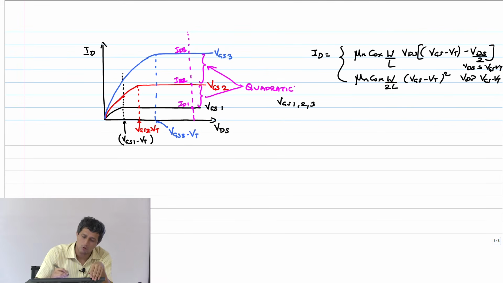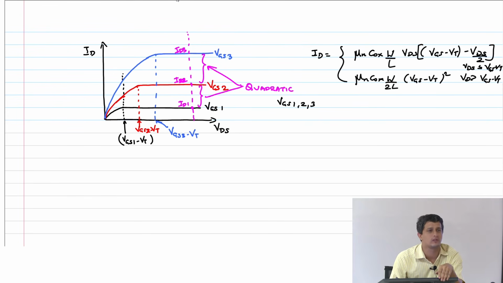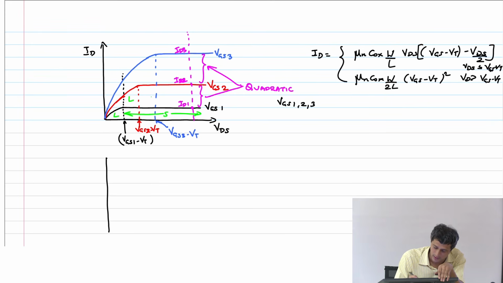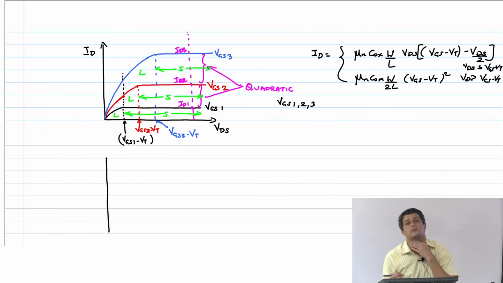Okay? Now how does IDS versus VGS look for various VDS values? Before I proceed, let me say this is linear and this is saturation. Now this is linear and this is saturation. This is linear and this is saturation.